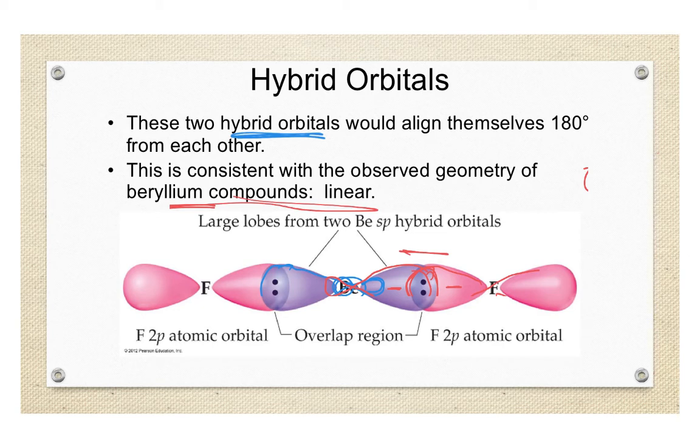Okay, same thing happens over here with our fluorine on the other side, and we get a single bond there as well. Okay, so by hybridizing the orbital and making an sp orbital, beryllium now has the ability to make two bonds 180 degrees from each other, giving us linear geometry.